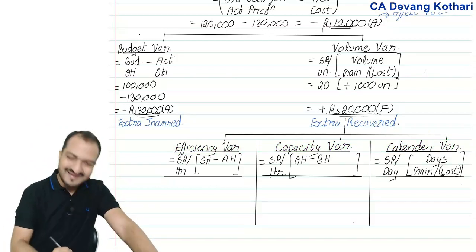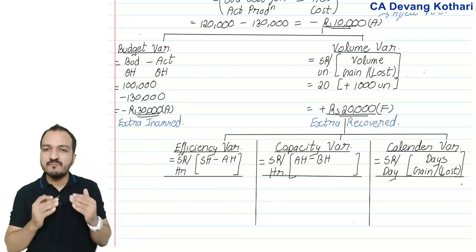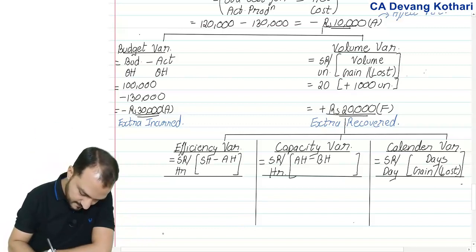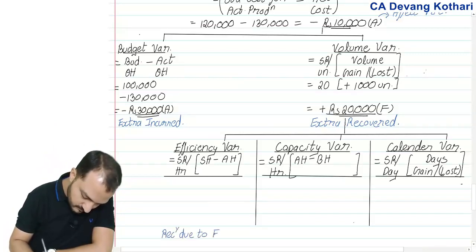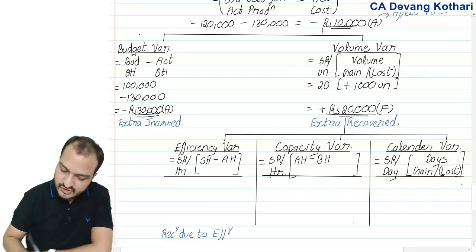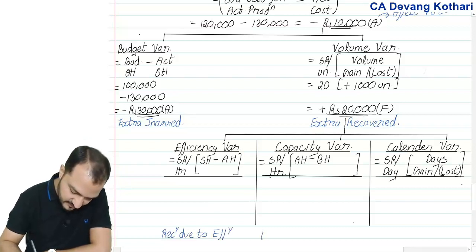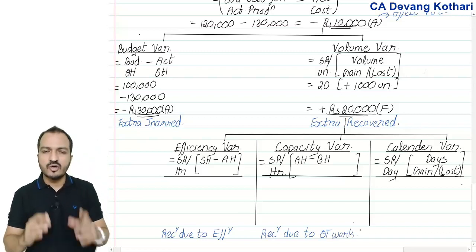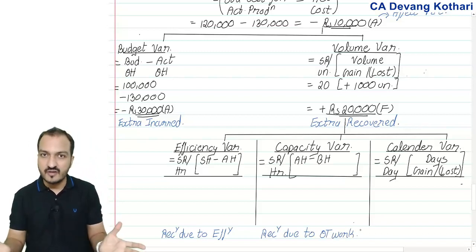Efficiency variance indicates extra recovery because of efficiency. Capacity variance indicates the extra recovery due to overtime working, or working extra hours in the given number of days.